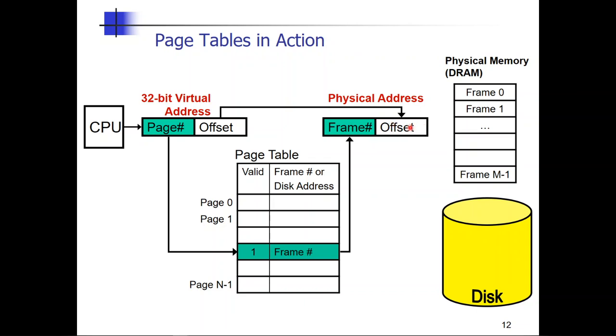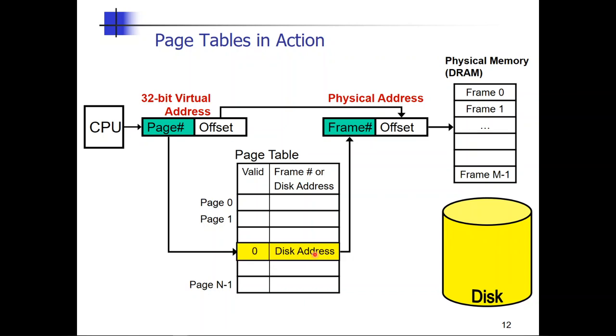And now we have the 30-bit or some number of bits that are less than 30 readily available in the physical address. And by using that, we can access any one of the M frames and bring that information to the CPU.